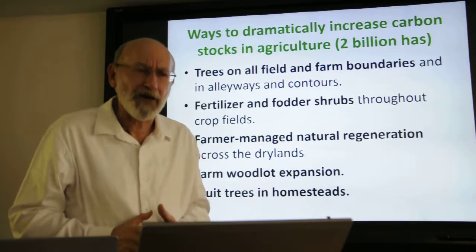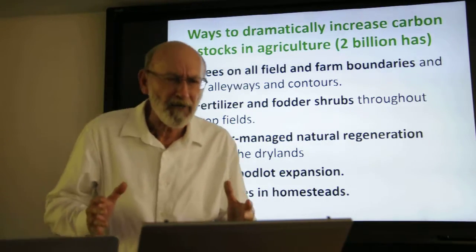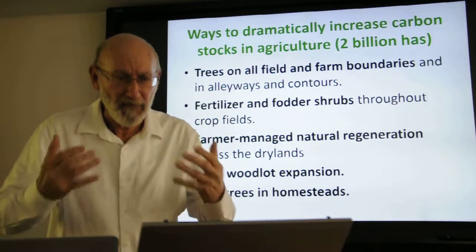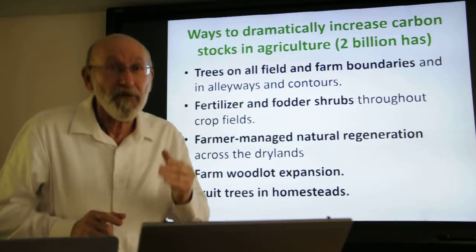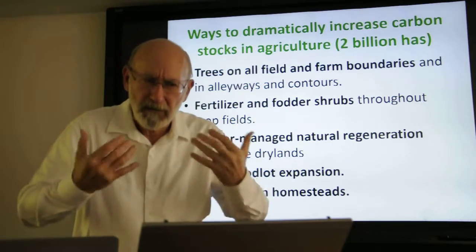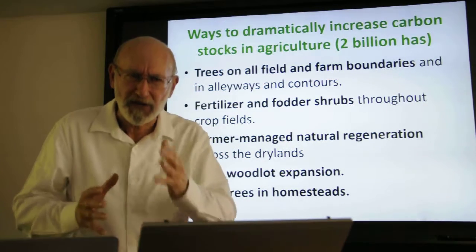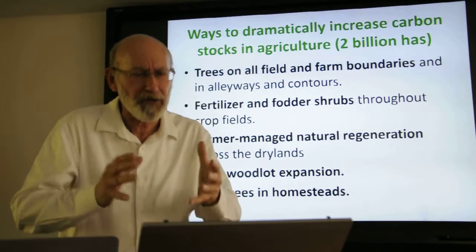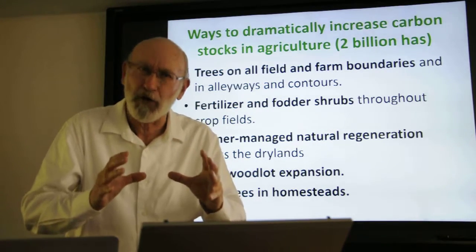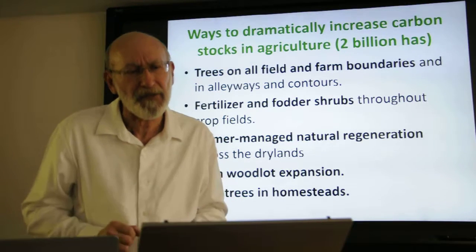There are trees on all field and farm boundaries as one major opportunity, which is where Kenya has excelled. Fertilizer and fodder shrubs established throughout the fields, as I showed for Rwanda and Malawi and other countries where smallholder agriculture is really the thing.